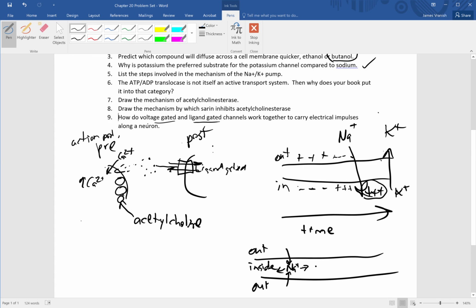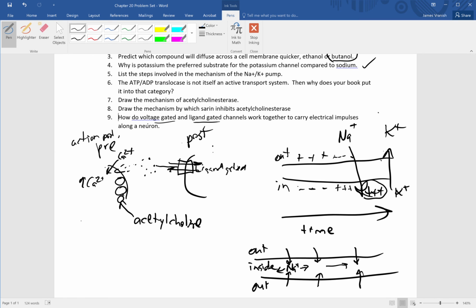Once it reaches a little further to the right, it causes a change in the membrane potential that is enough to cause the voltage-gated sodium channels to open over there. Then that diffuses along and causes sodium channels to open further on, and so on and so forth.